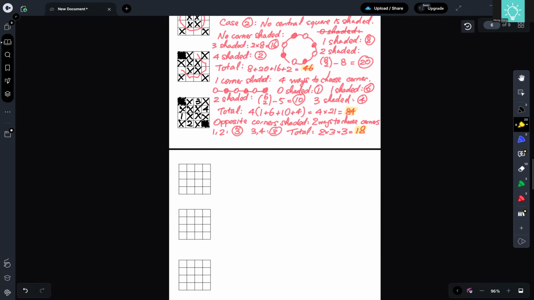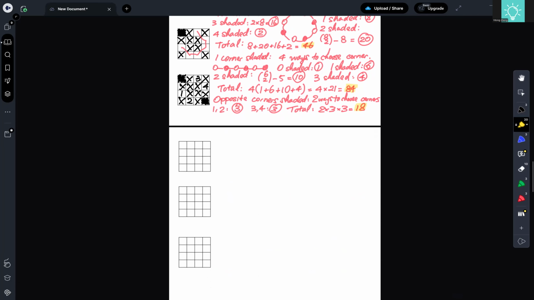Okay, I'm going to go over the page here. The next case is if we shade adjacent corners. Well, without loss of generality, let me just shade these two.